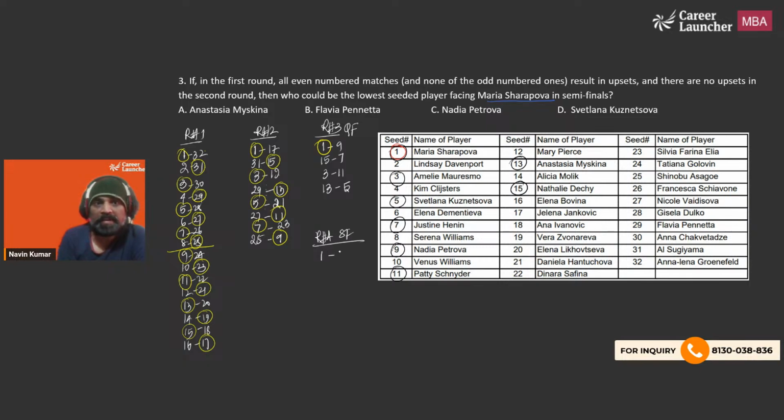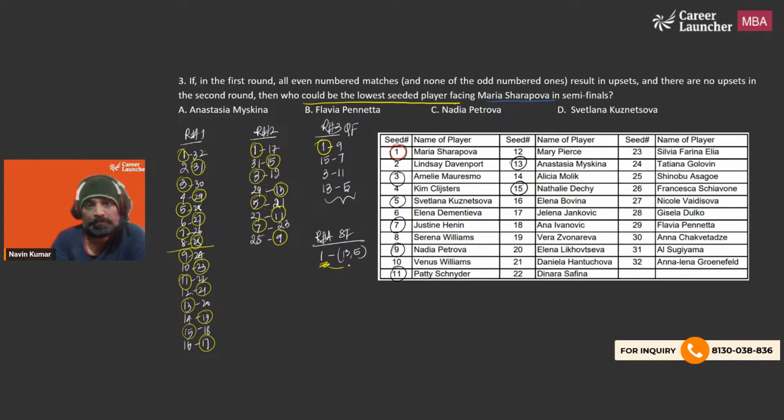So she is going to play against one out of these 2 players, whoever wins in the last match of quarterfinals. Whoever wins between the seeds 5 and 13 will go and play the winner of the first match in the next round, right? So one among 13 or 5 is going to play. Now the question is, what could be the lowest seeded player that Maria Sharapova is going to face?